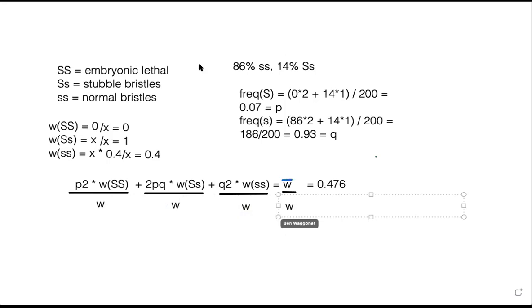So we're dividing every term in our equation by W bar.